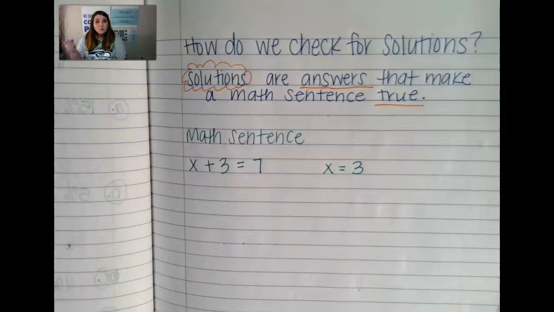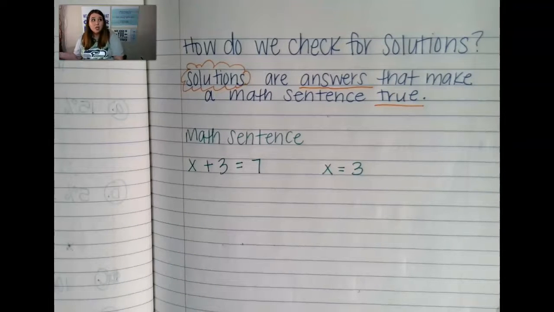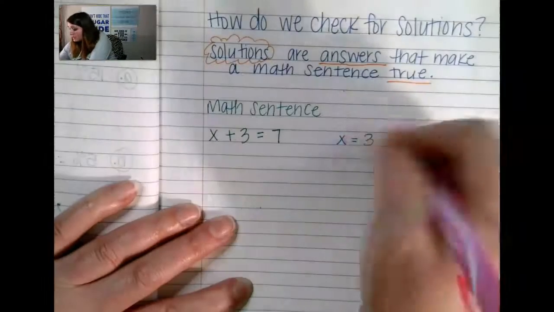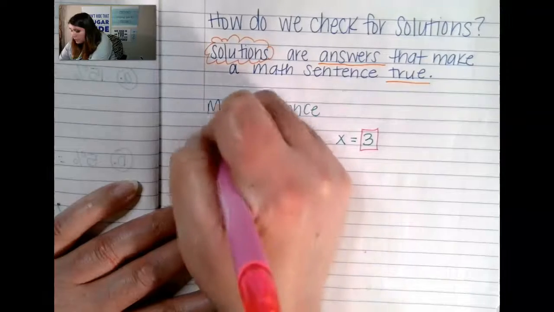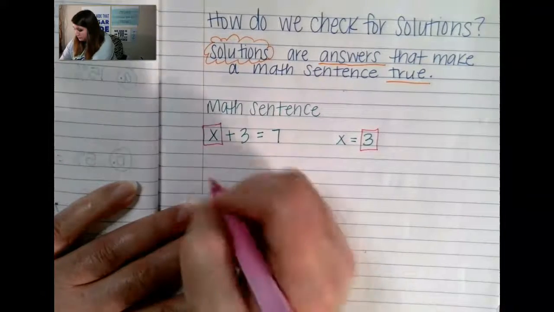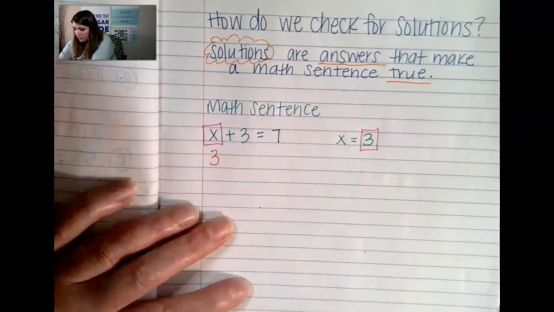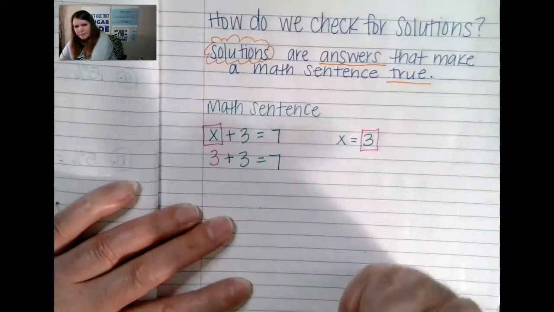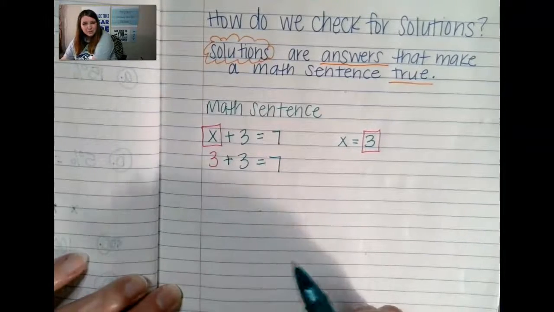Well, we're going to use substitution first to find out if the answer they give us is in fact true. So we're going to take x equals 3, and we're going to put it over here for x. So 3 plus 3 equals 7. Is that true? What is 3 plus 3?